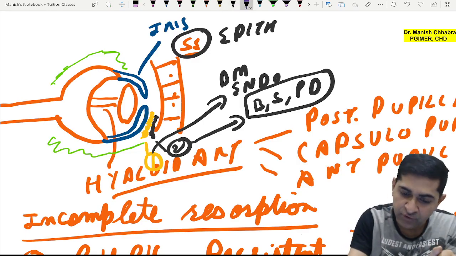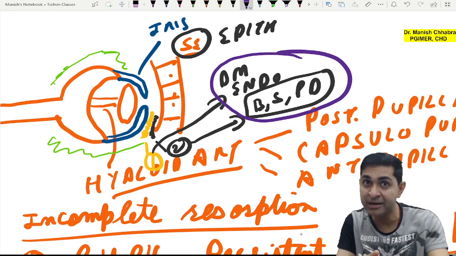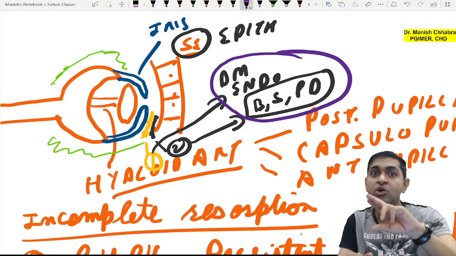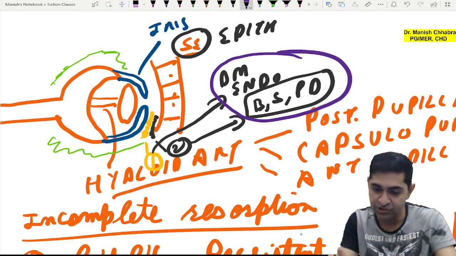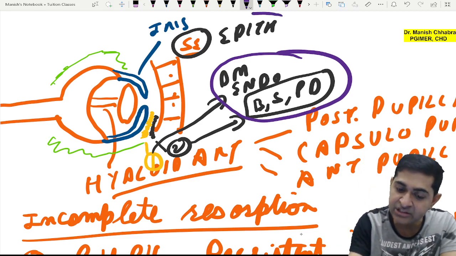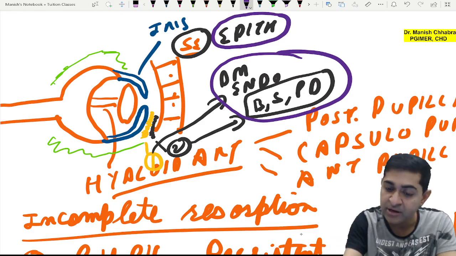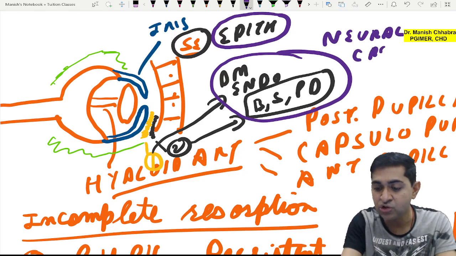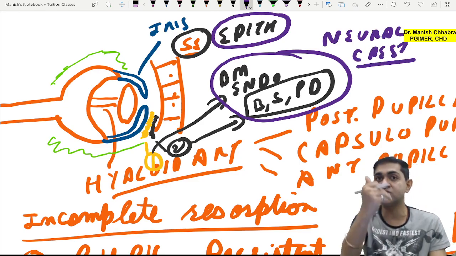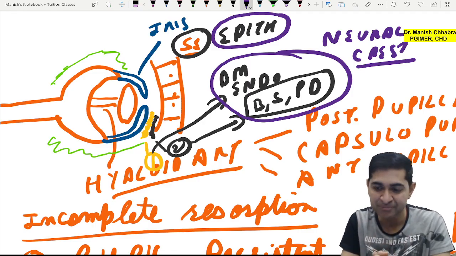Now this is formed from mesenchyme, and I have told you that mesenchyme may take the form of mesoderm or even neural crest. Here it is actually the neural crest. So the anterior surface of the cornea is formed by surface ectoderm, while the rest of the cornea is formed by mesenchyme, which gets transformed into neural crest cells. I hope it is clear.